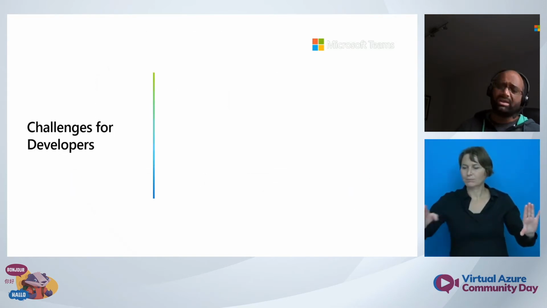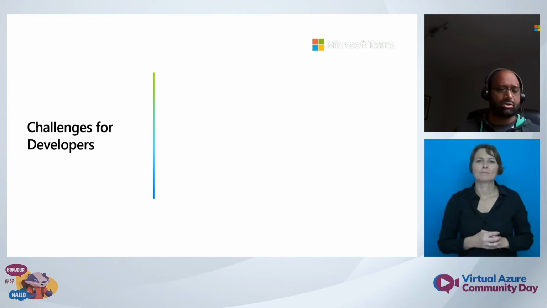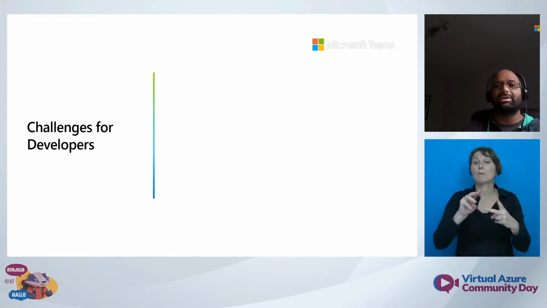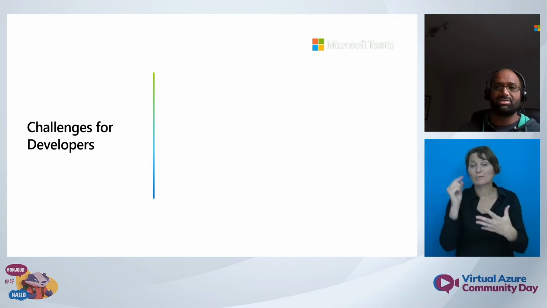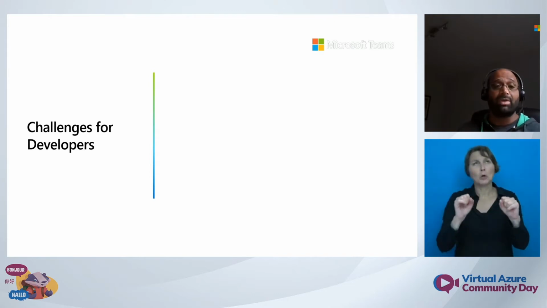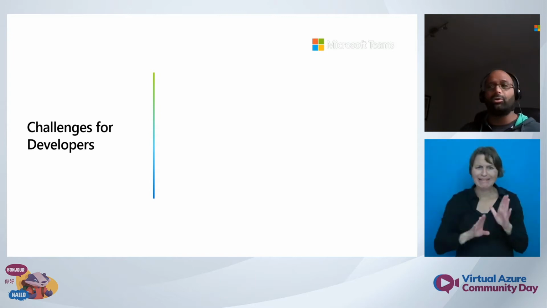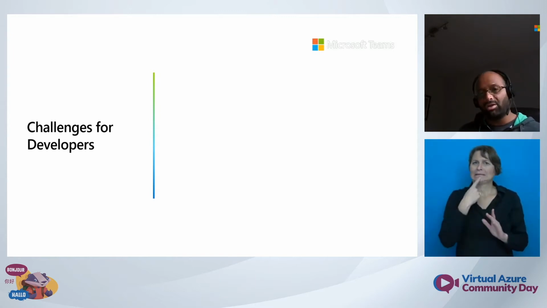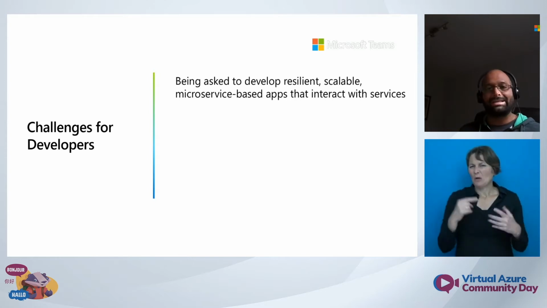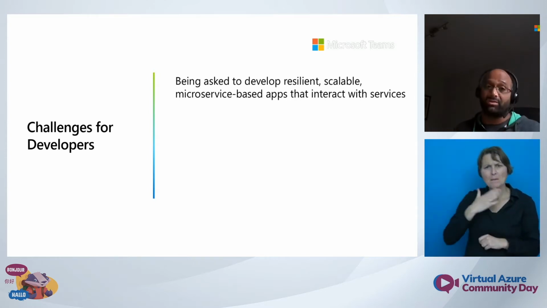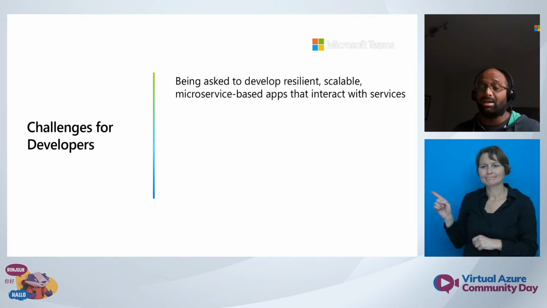Now we spoke about cloud native, and we talked about microservices. All these new ways of building applications and new approaches bring a lot of challenges for us developers. I would like to highlight a few of them. We are asked to develop resilient, scalable, microservice-based applications which interact with other services, not only services inside but also outside.